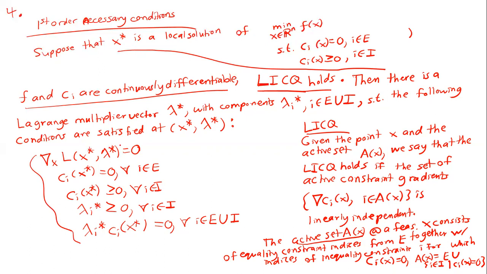But I can't just write this out anytime, just because I say there's a local solution. If the LICQ doesn't hold, then it doesn't necessarily follow that all of these things are true. So I would need to say, if f and c_i are continuously differentiable and if the LICQ holds, then when x star is a local solution, the following things are going to happen.